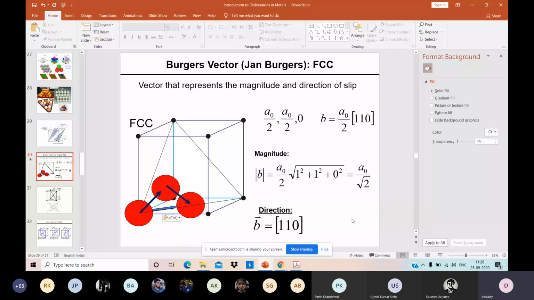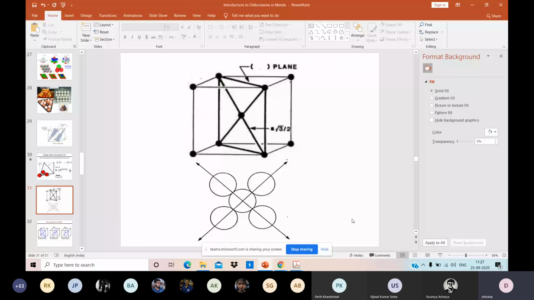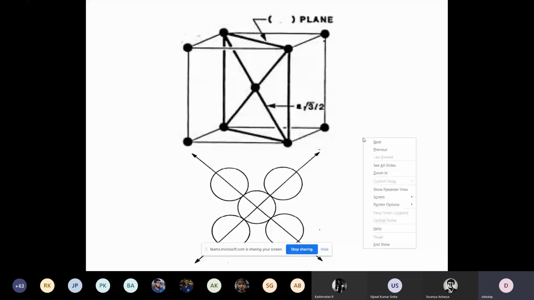BCC 100 plane and the atom arrangement. Here you can see the slide. You can see the atom arrangement is not that close packed.